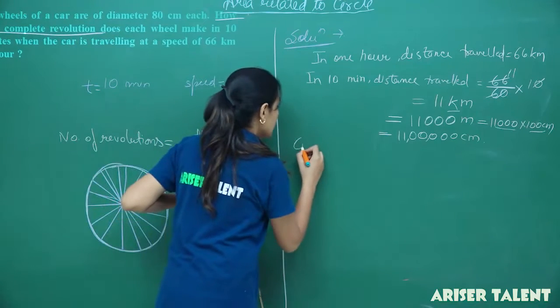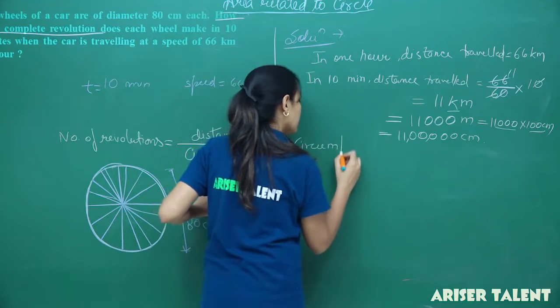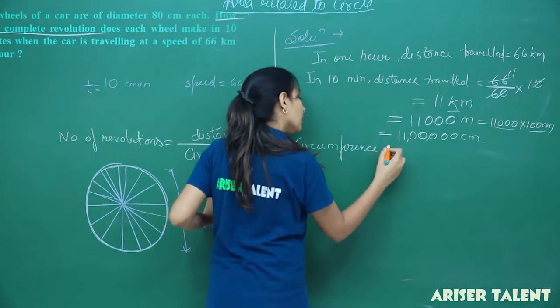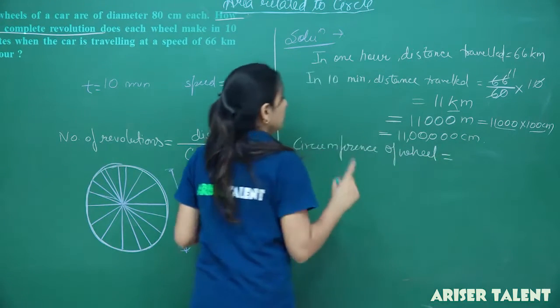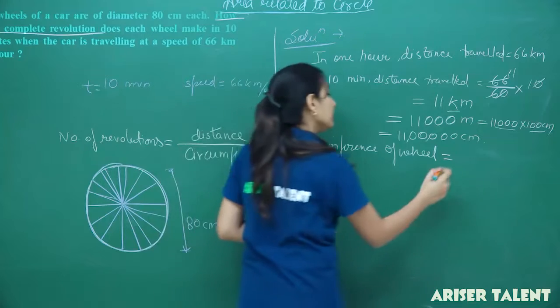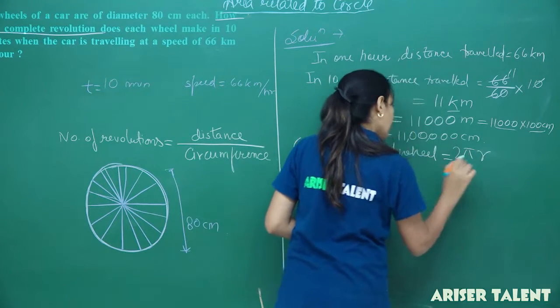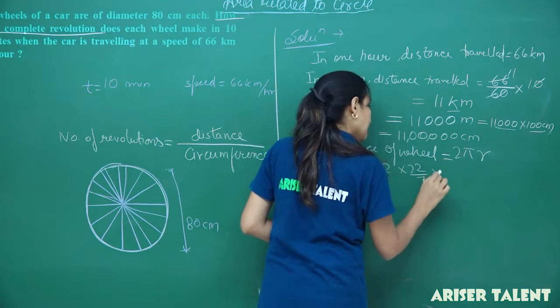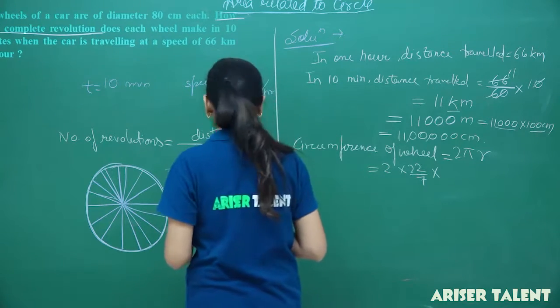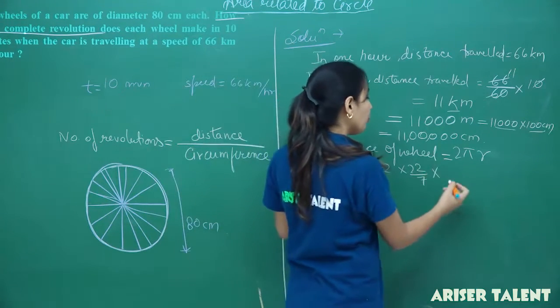So circumference of wheel. I am talking about wheel here. So circumference of wheel is what? Is 2 pi r. So what will I do? 2 multiplied by 22 by 7 multiplied by the radius. Now radius is what? Half of the diameter.